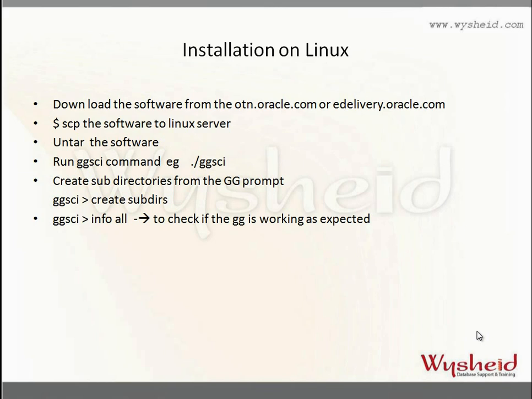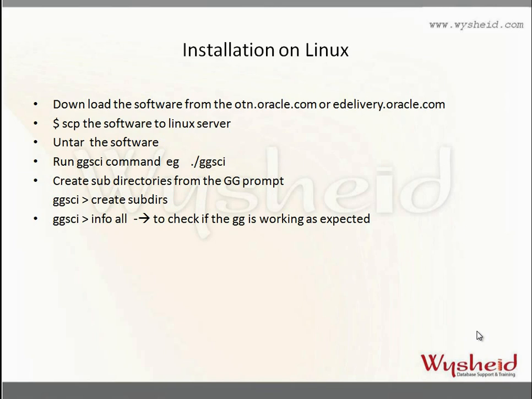Now from the Golden Gate home directory, log in as the owner of that software, in our case the Oracle user, and start the Golden Gate command line interface by giving ./ggsci. Once the Golden Gate command line prompt appears, just like our SQL prompt, we can create the directories required for Golden Gate by giving the command create subdirs.